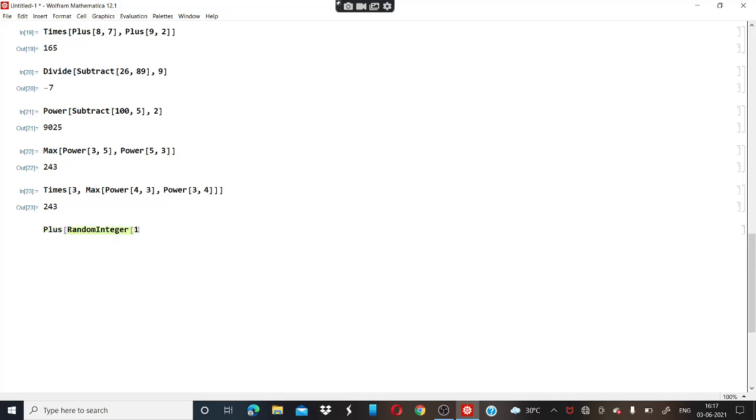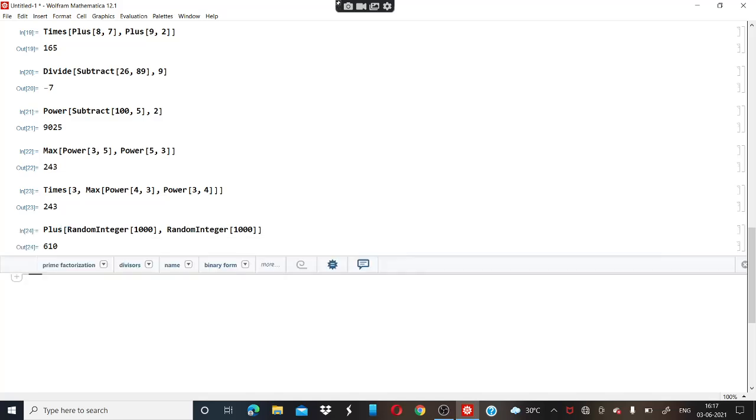Again a comma, because there are two random integers. Again we use random integer, also between 0 and 1000. And then we press shift and enter. We get the result as shown here.